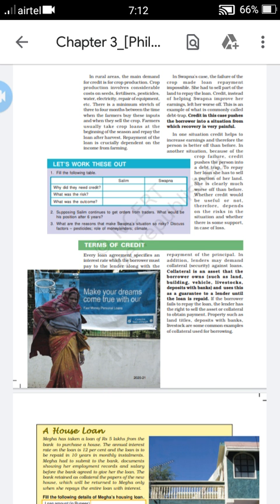So the interest rate, the security, the documentation requirement, and the mode of repayment, all together, are called the terms of credit.